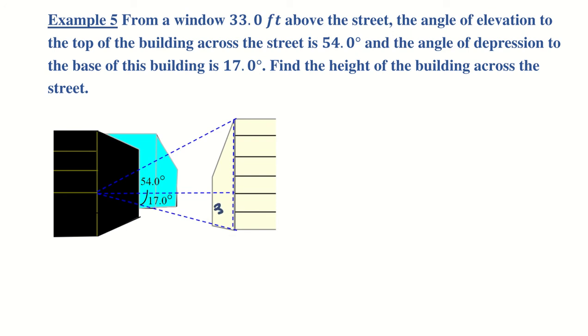So that's where all the fun begins. Now, if we use a proper function, we should be able to get this length right here, right? Because we have an angle, we have the side opposite, and we want the side adjacent. So let's go back to our friend SOHCAHTOA.